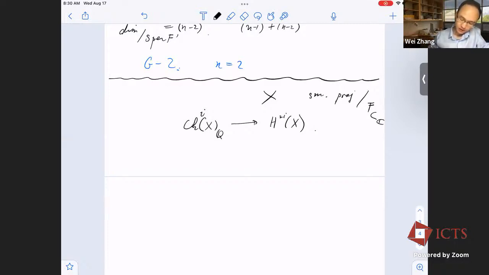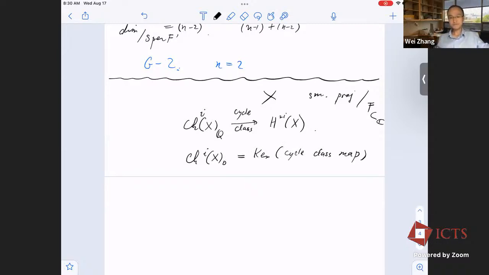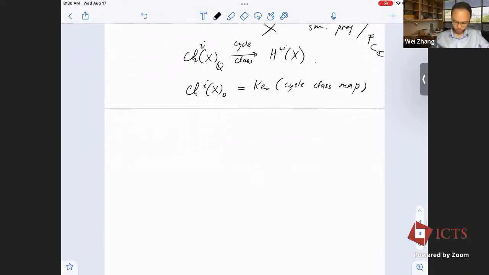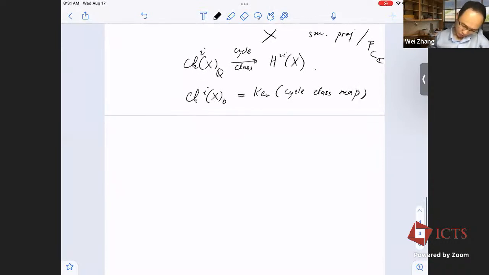So I look at the kernel of the cycle class map. So I look at this cohomologically trivial cycle. This is the kernel. So then, conjecturally, there is a pairing, the Beilinson-Bloch height pairing.